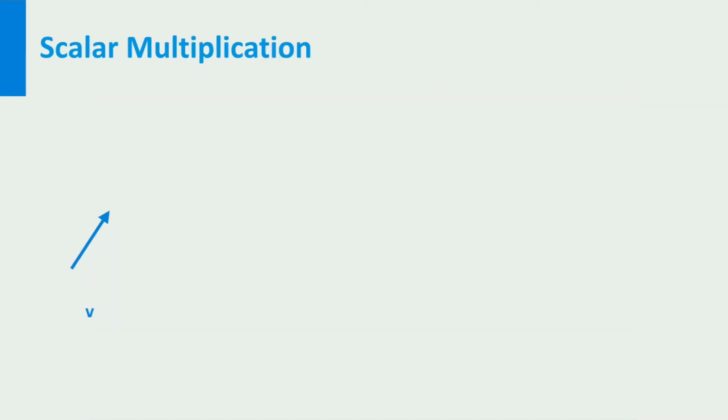Another operation on vectors is the scalar multiplication. A scalar is just a fancy word for a regular number. We use scalar to distinguish it from a vector. Thus, scalar multiplication is a multiplication of a vector with a number. What happens if you multiply a vector v by 3?